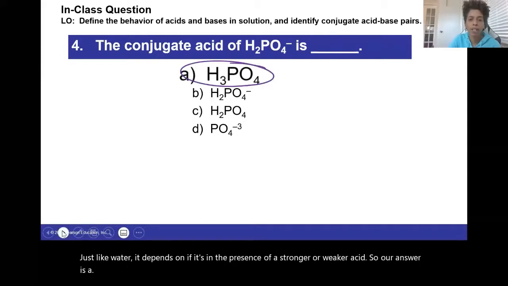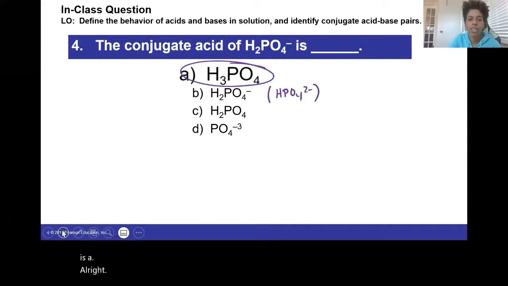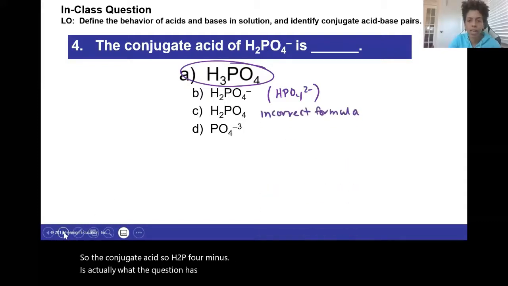All right. So H2PO4 minus is actually what the question has in it. H2PO4 is the incorrect formula, and PO4 3 minus is a base.